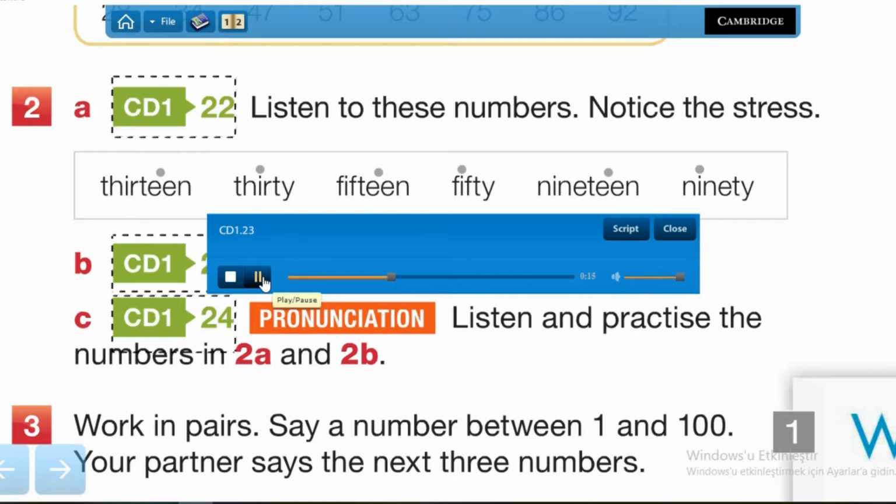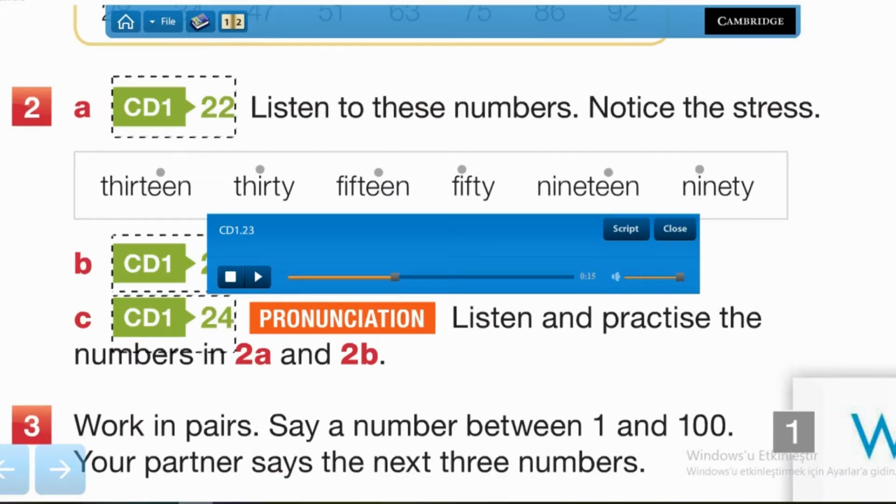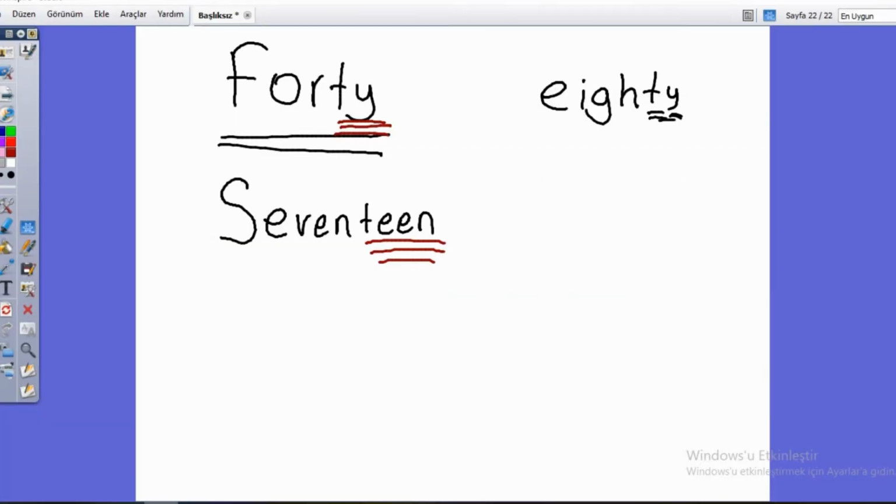80. 80. Not 18. 80. Ends with again ty. The next one. 60. 60. Again ends with ty.